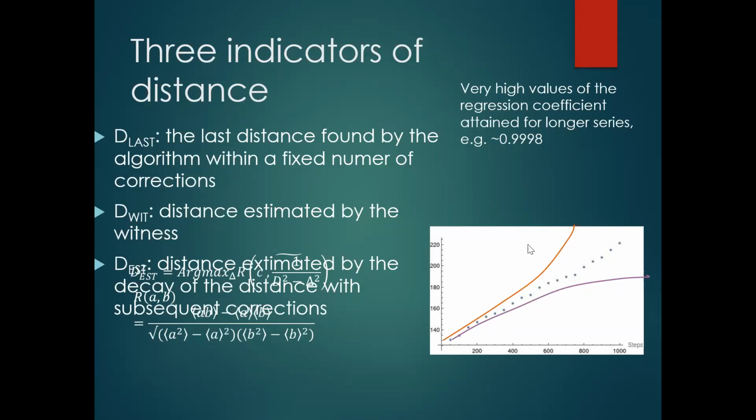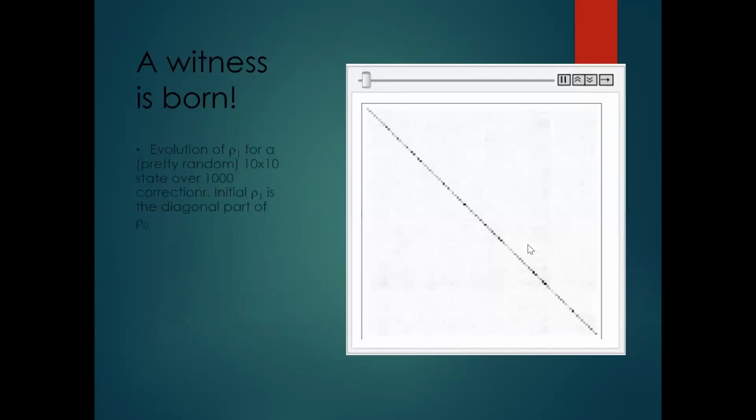So we are using that, and we get very nice approximate straight lines on these graphs, and the quality of these estimations is of the order of 10 to minus 5 sometimes. So that's quite precise.